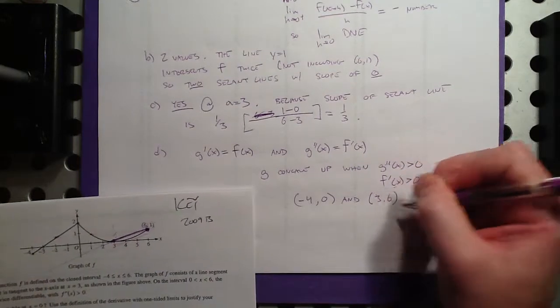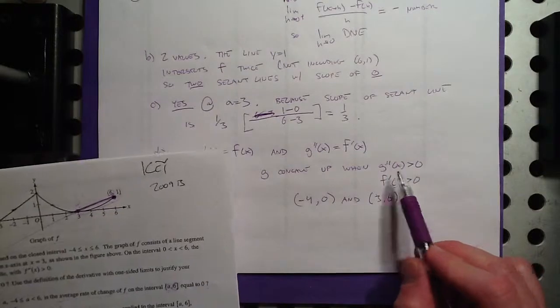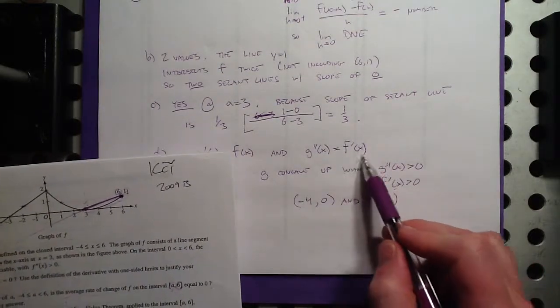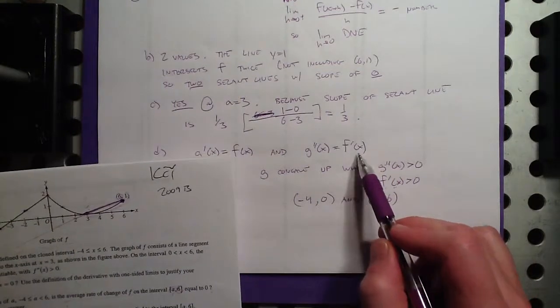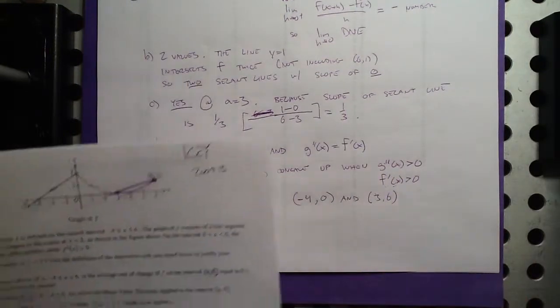Again, we said the second derivative here is the same as the first derivative of the f function, so when f is increasing, this is positive, and so that means that's the g being concave up.